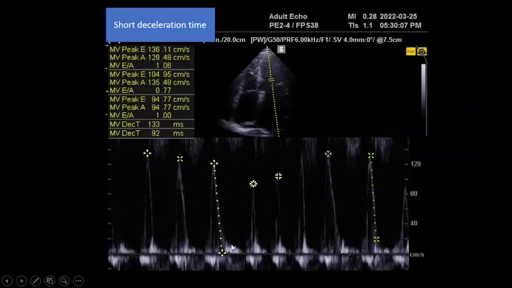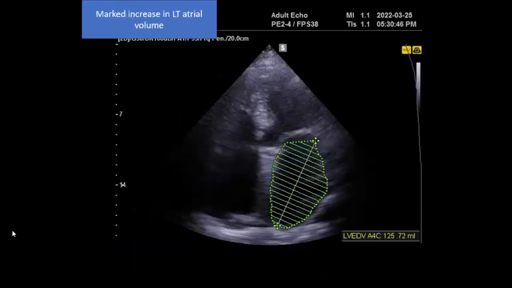The average deceleration time of several beats was less than 160: you see 90, 92, 133, 104, all less than 160. So our patient for sure has left ventricular diastolic dysfunction and increased left atrial pressure. I also measured the left atrial volume, and it's markedly increased, 125 mL.